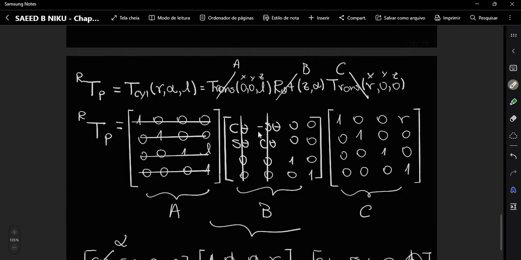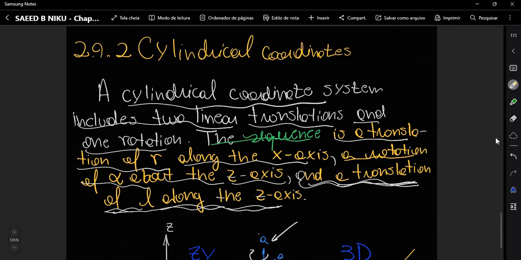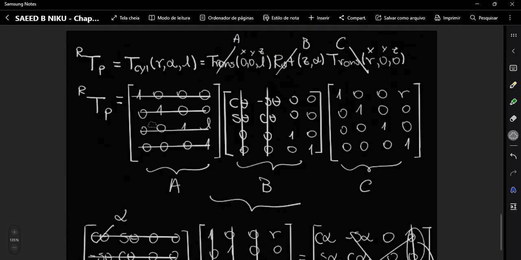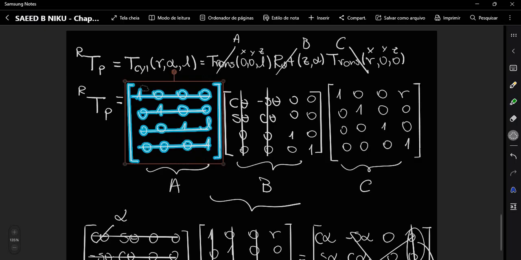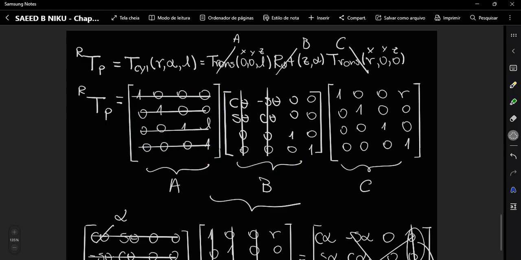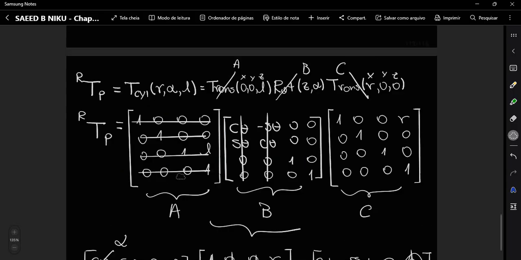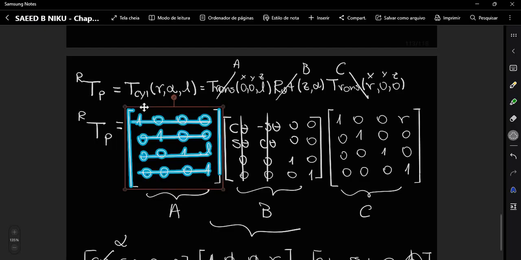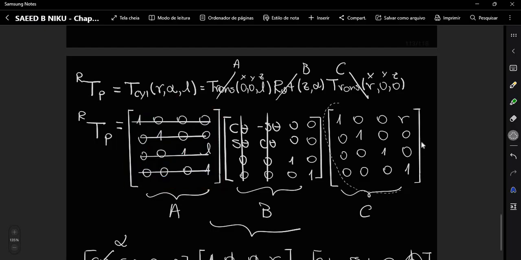And is this one. Actually, I got confused right now because we have this transformation of translation in this transformation.